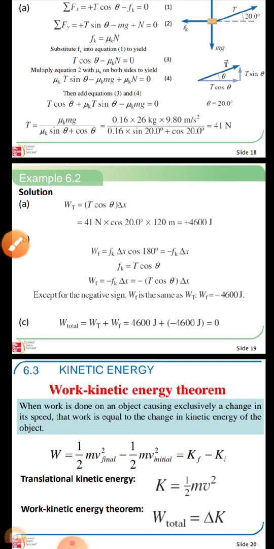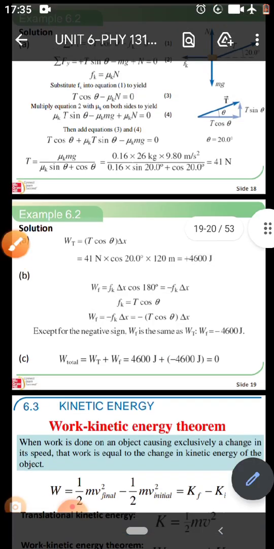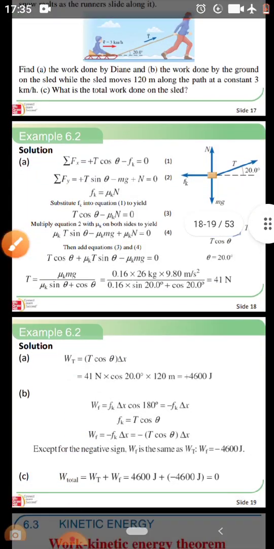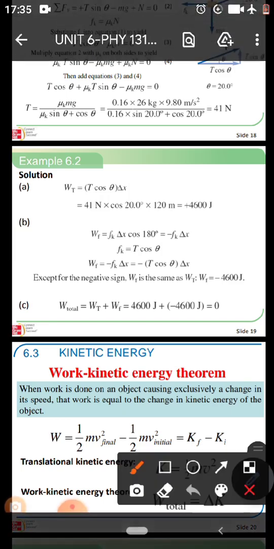So then we are required to find the total work done on the sled. Now we need to add the work done due to the ground and due to Diane. So this is the work done due to Diane, and this is the work done due to the ground. When you add them up, the total work done is 0.